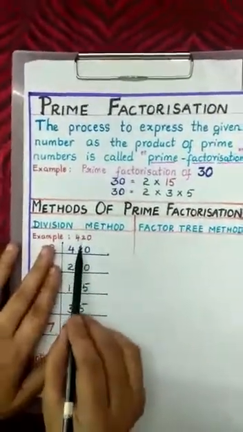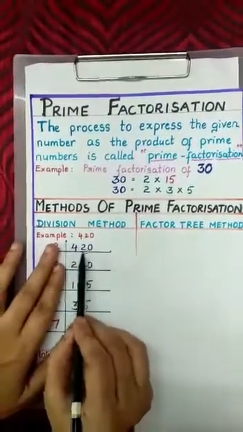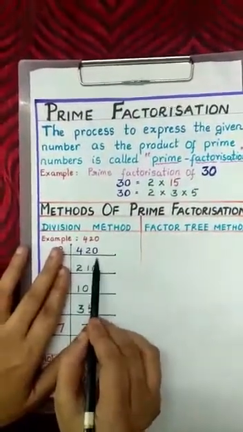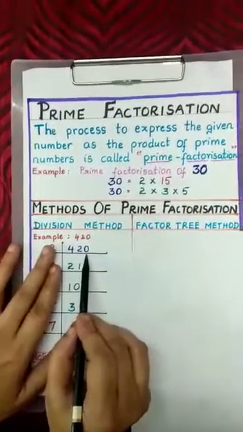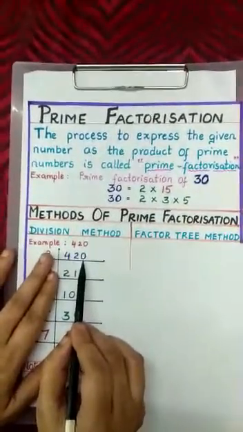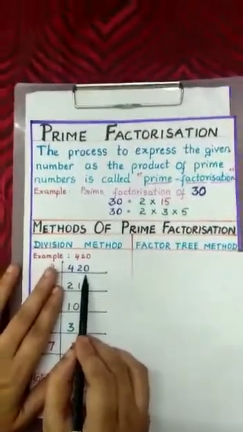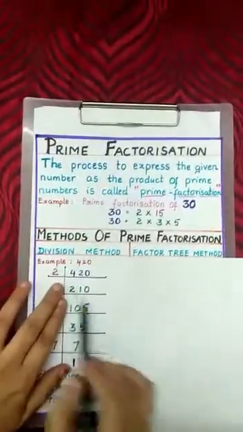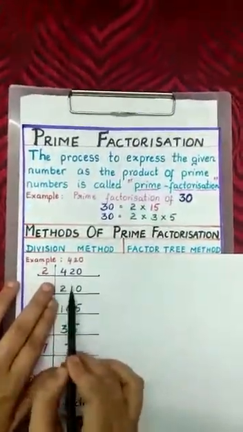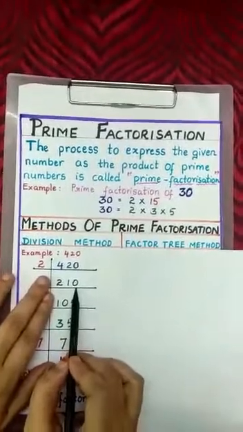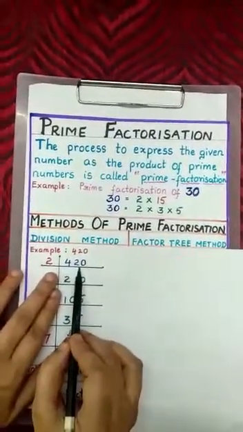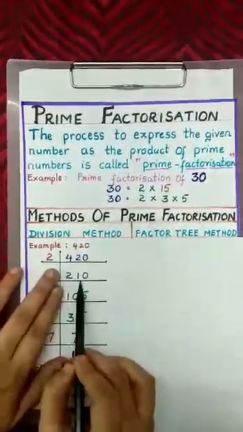Now you see here 420 is an even number because we have 0 in the units place. So definitely it is divisible by the first possible prime number 2. Now let us divide here. 2 twos are 4, 2 ones are 2 and 2 zeros 0. It means that we divide 420 by 2 to get 210.